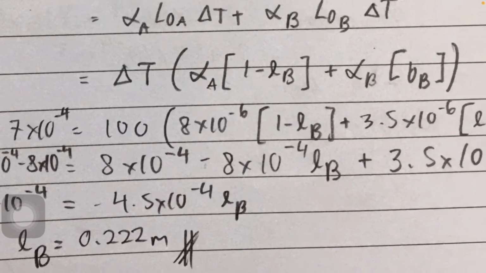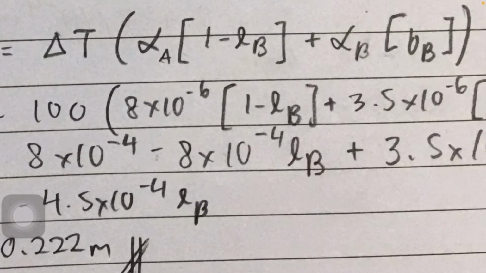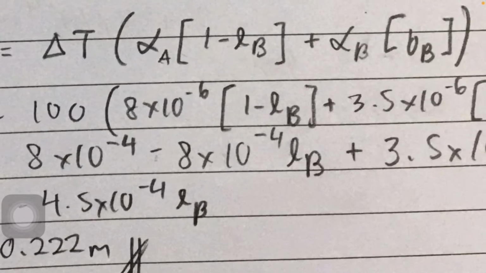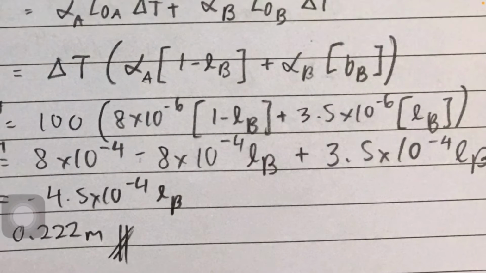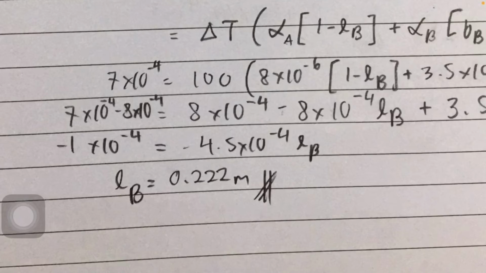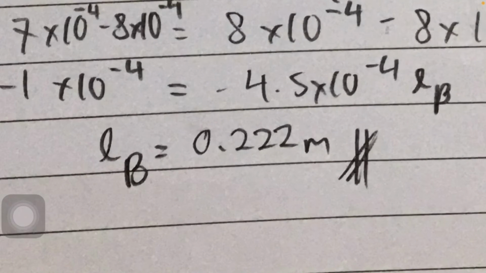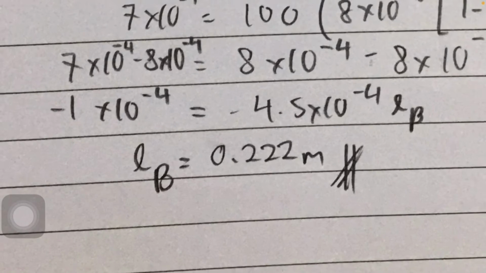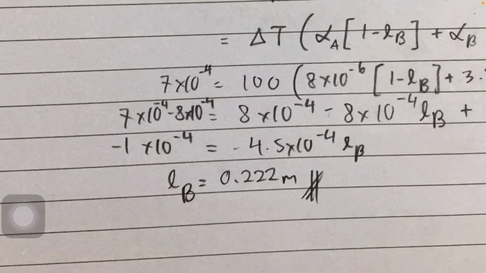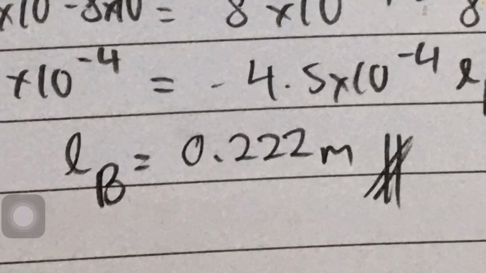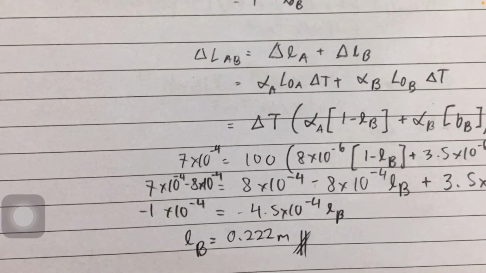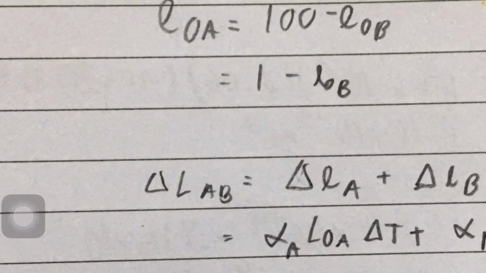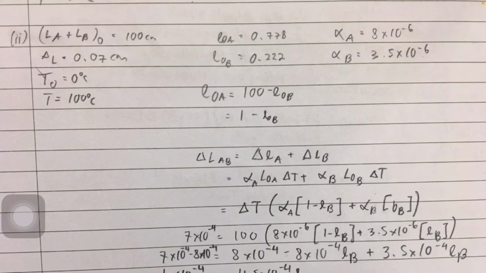We put all the values from the question in this equation. At last we get length B equal to 0.222 meter. Then we put the value of length naught B in the equation that we moved above.